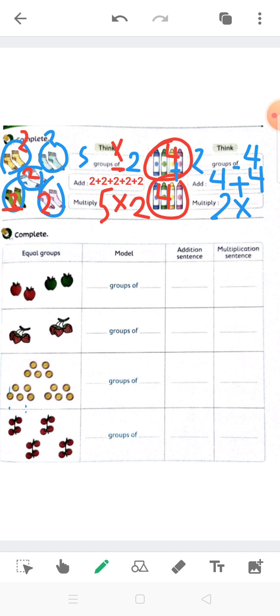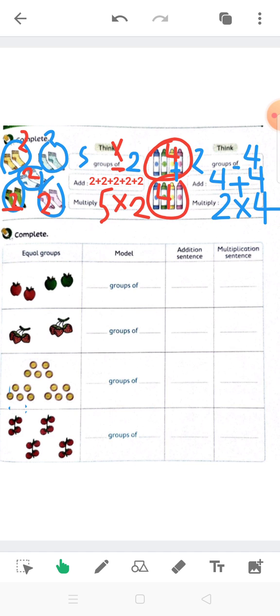So 2 times 4, or 2 by 4. It means 4 is repeated 2 times. So I call this sign times because 4 is repeated 2 times. And here 2 is repeated 5 times.